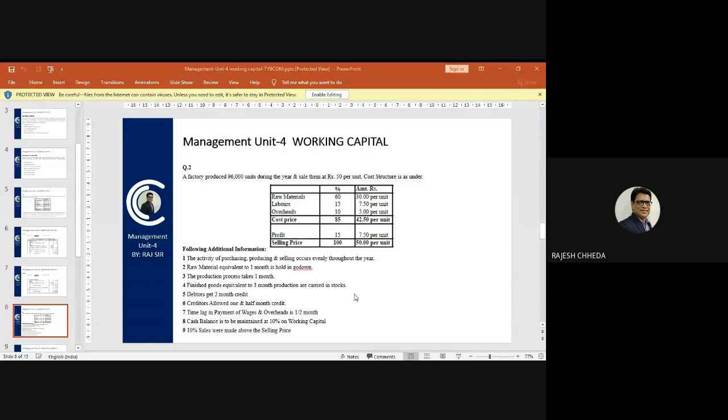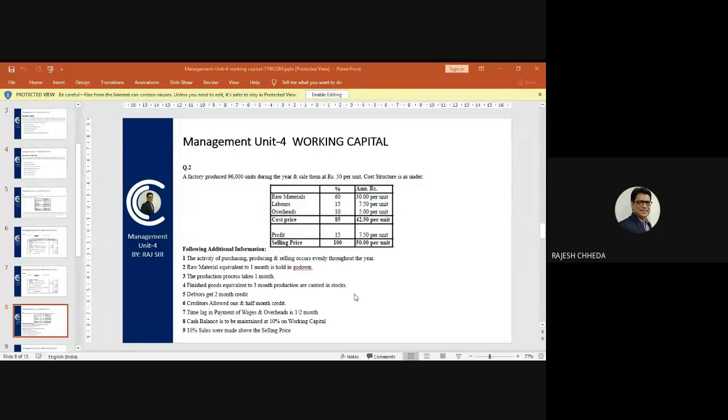The production process takes 1 month. This information is given for the calculation of work in progress, WIP. So I will calculate WIP by writing raw material of 1 month, labor of 1 month multiplied by 50%, and overheads of 1 month multiplied by 50%. If you have solved question number 1, you will easily understand question number 2.